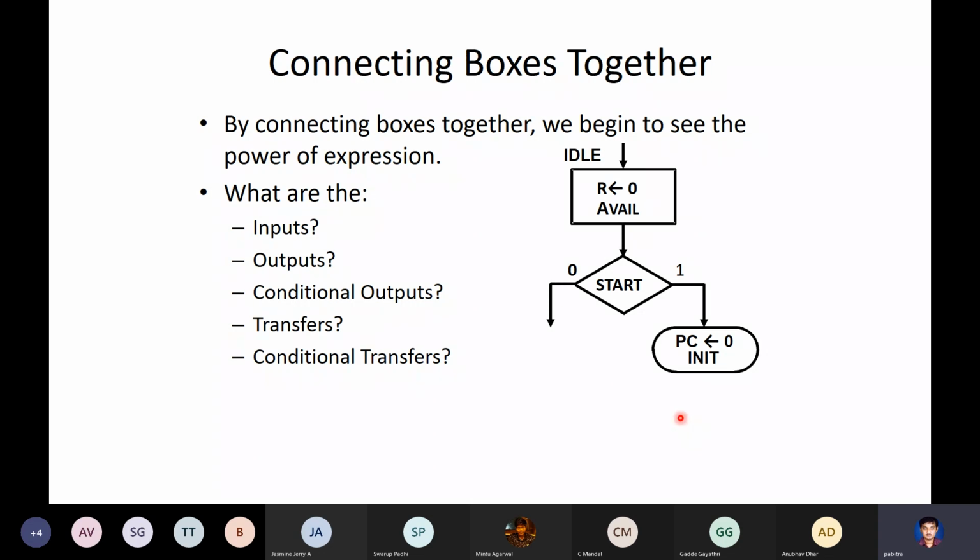And what are the conditional transfers that are happening? So these register transfers can also be a Moore type or a Mealy type. Let us see an example. One more thing that is usually done: these things will specify how they are connected.